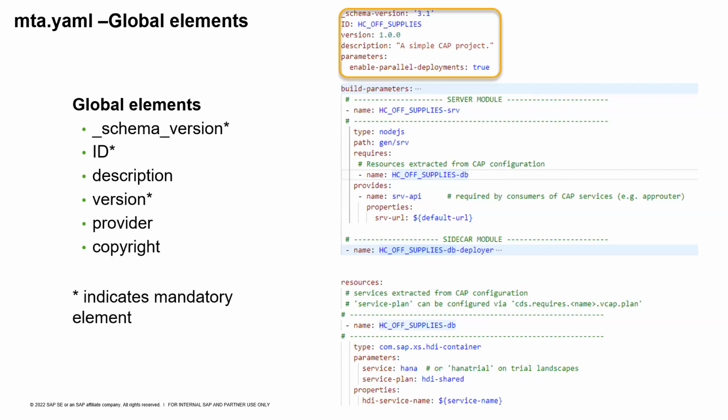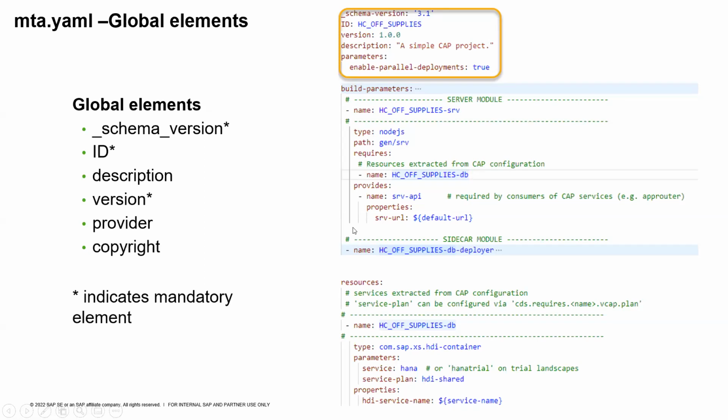So let's look at the global elements section. So here we have basically three mandatory properties, which are the schema version, ID, and version. So schema version basically specifies the version of the MTA descriptor in the following notation, which is major.minor.patch. So indicating a major version is also enough. Then ID is the mandatory string to identify the application.